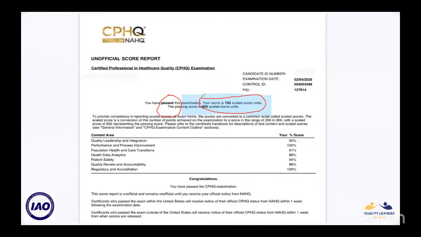Not all the candidates sitting in a particular window get the same set of questions. NHQ has a large bank of questions, and different candidates appear on different dates, at different test centers, and in different countries as well. So each of them may receive different versions of the same exam.